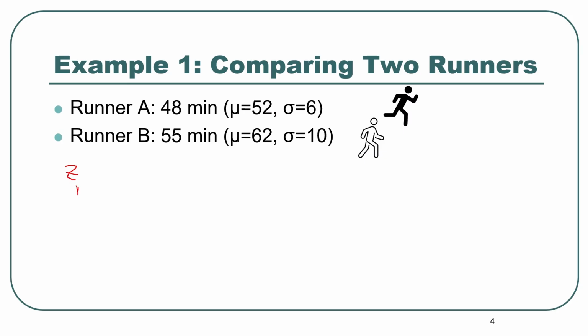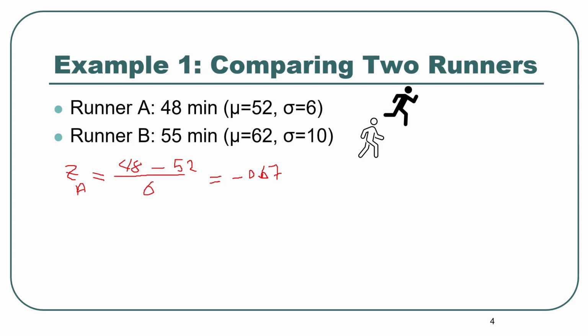I'm going to calculate the Z-score for runner A. Again, Z-score is the value, which here is 48, minus the mu for this runner's population, which is 52, over sigma, which is 6. If we calculate this, it gives 0.67, or 2/3 in magnitude.